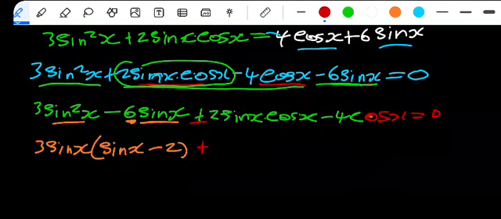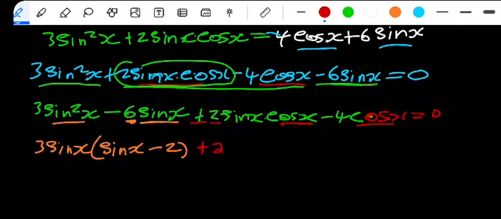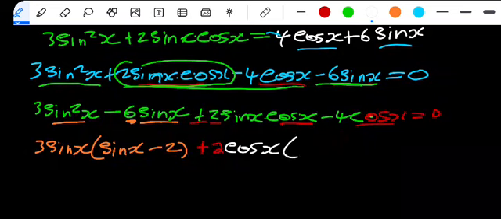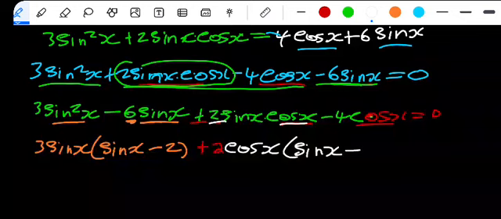Let's take out the common factor there. As you can see, the common factor will be 2 cos x, into sine x minus, we're just taking out the common factors.